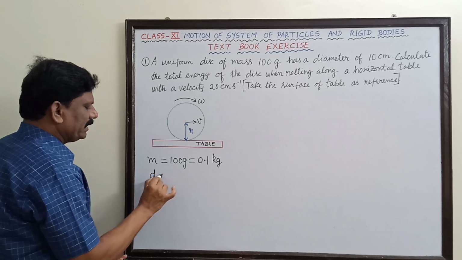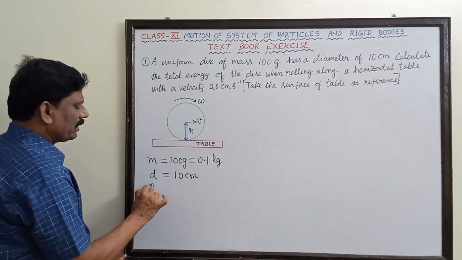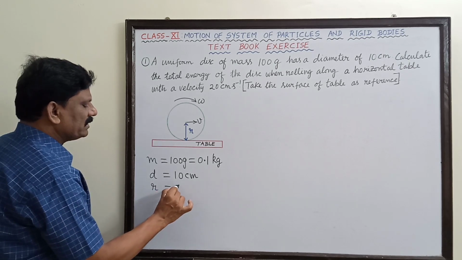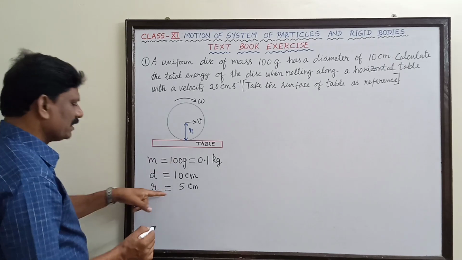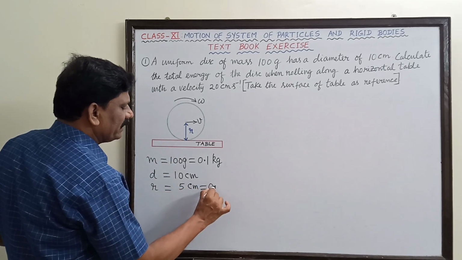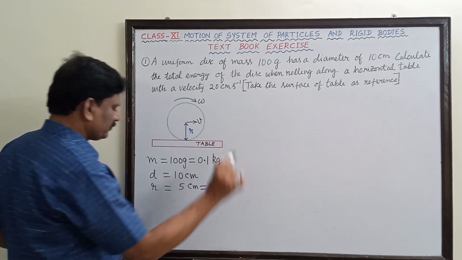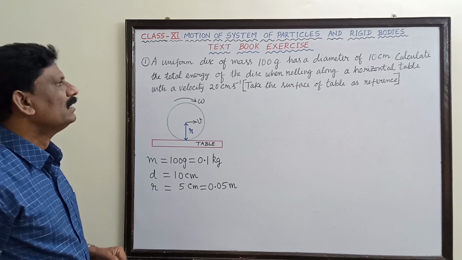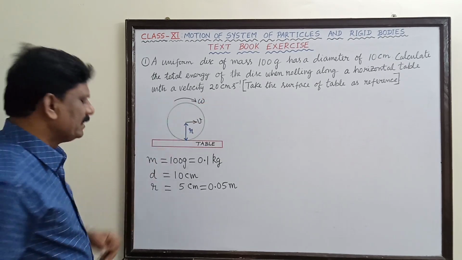So the radius is 5 centimeter. This radius of the disc, 5 centimeter, means it is 5 by 100, which is 0.05 meter radius, okay?